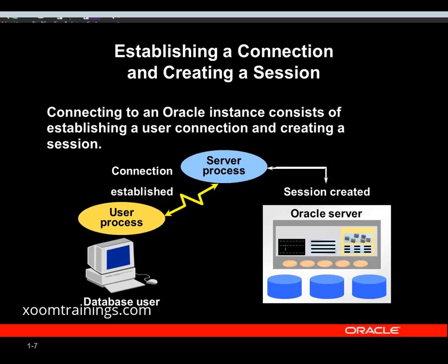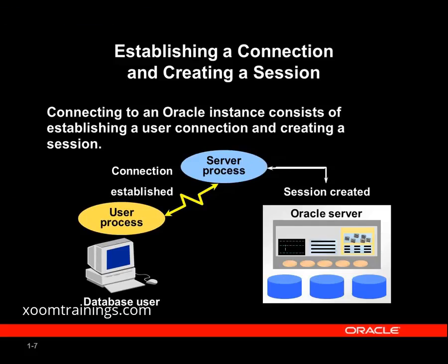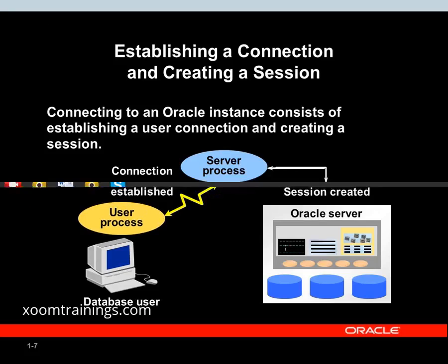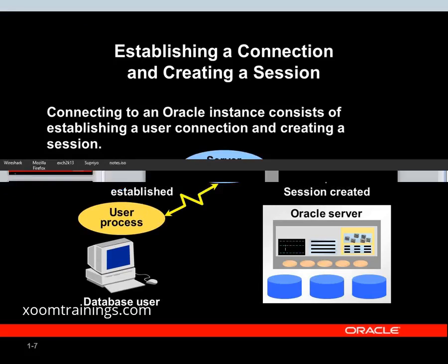Then if I find that it is ringing, that means the server process on your side is there and the connection is being established. So ringing means the connection is established. And when you pick up the phone and say hello and hi, that means the session is started. This is exactly the connection establishment and session.